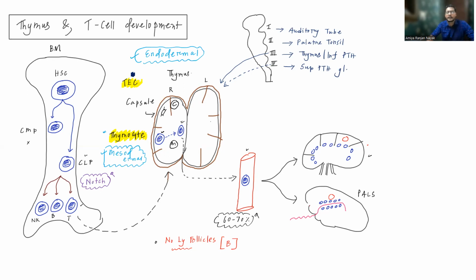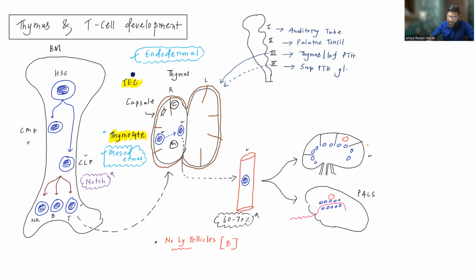The endodermal component comes predominantly from the third pharyngeal pouch, but sometimes it can also come from the fourth pharyngeal pouch.